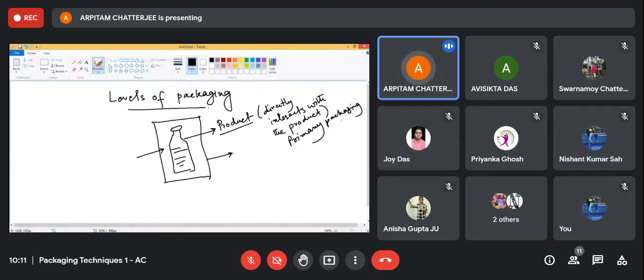And the one which does not interact directly with the product, but gives an additional level of protection, or maybe convenience to some extent, and information, is called secondary packaging.